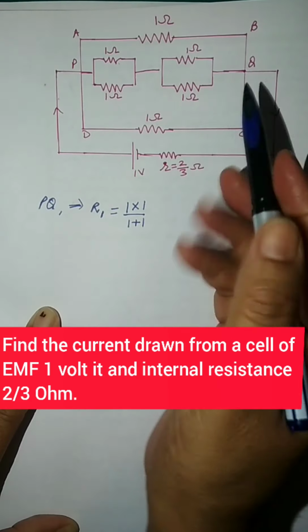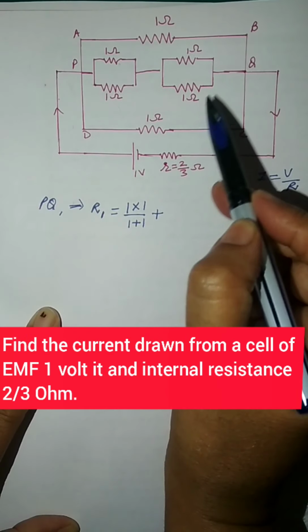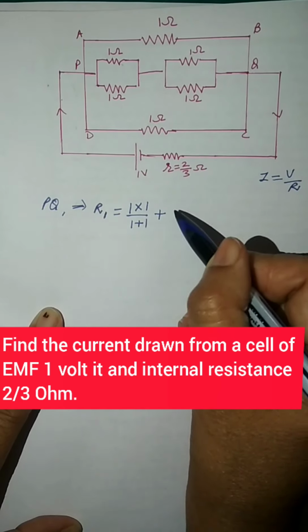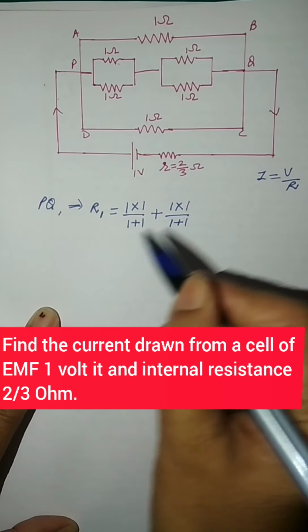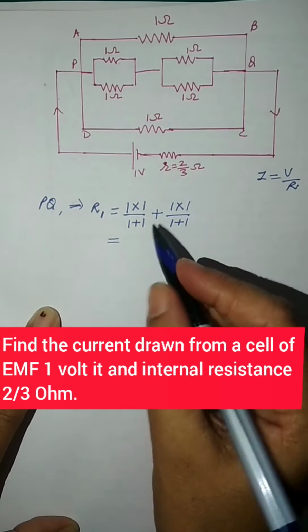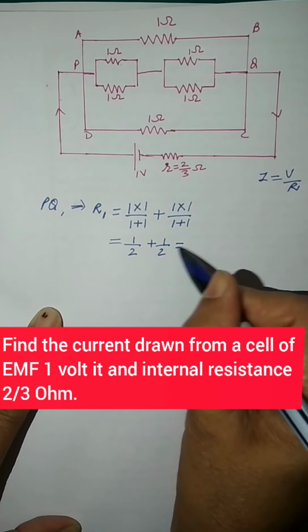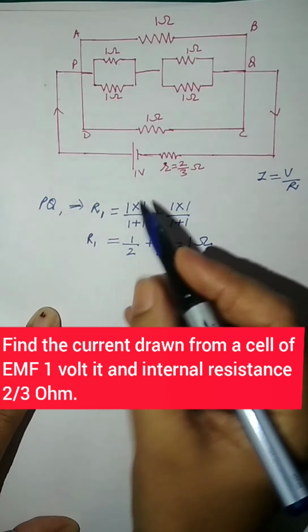Similarly, this is in series with these other two, which are again in parallel, so again 1 into 1 upon 1 plus 1. As you can simplify, this is 1 by 2 plus 1 by 2, that is equal to 1 ohm. So this is the resistance R1 in PQ.